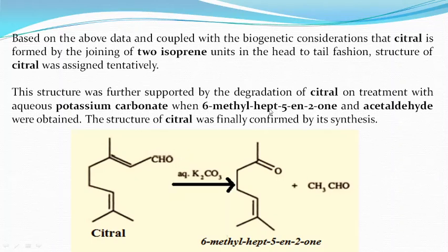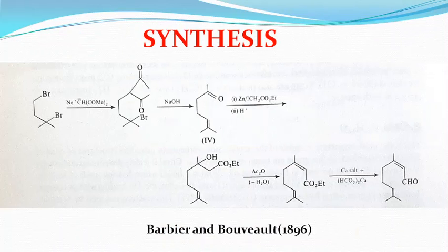The structure was further supported by the degradation of citral, which on treatment with aqueous potassium carbonate forms acetaldehyde and 6-methylhept-5-en-2-one. The structure of citral is finally confirmed by its synthesis, which was given by Barbier and Bouveault. They converted methyl heptenol into geranic ester by using the Reformatsky reaction.